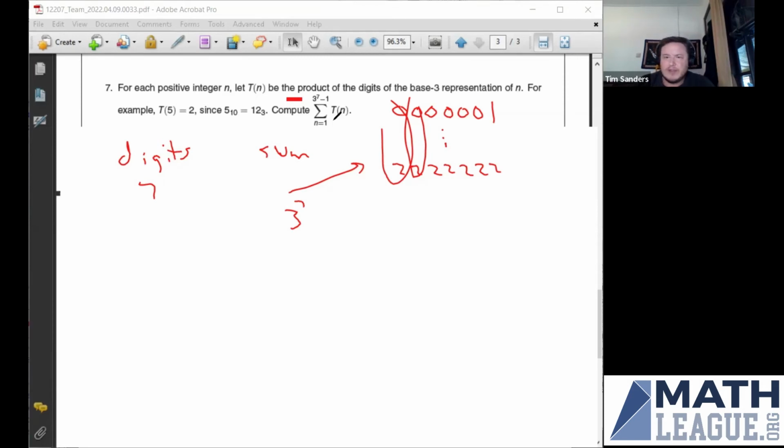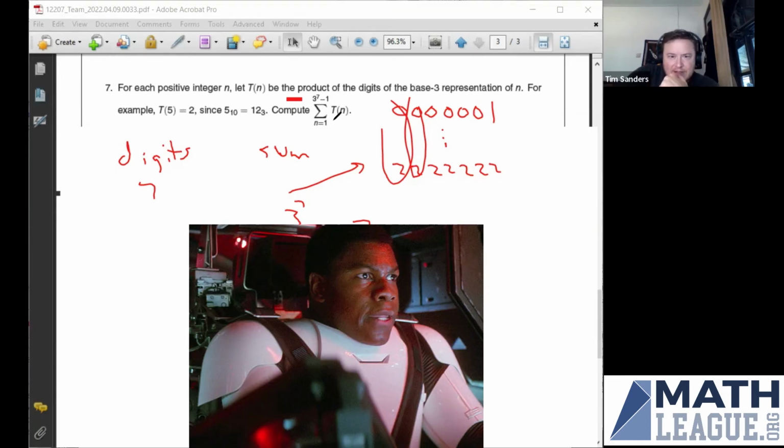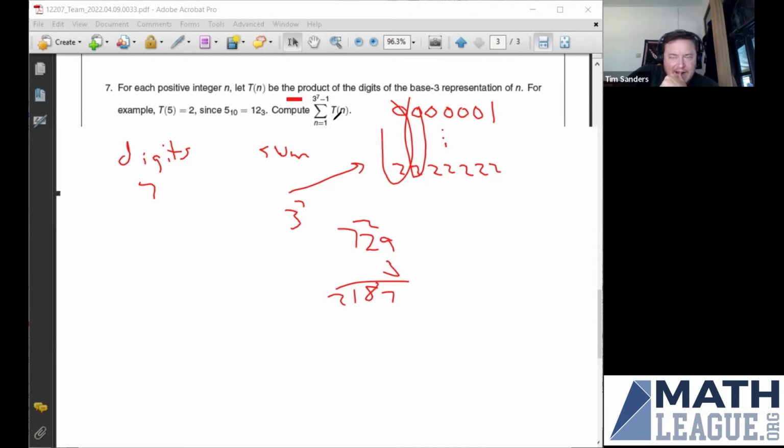So the answer looks like it should be 3 to the 7th. What is 3 to the 7th? 3 to the 6th is 729, and then I just multiply that by 3. 2187.